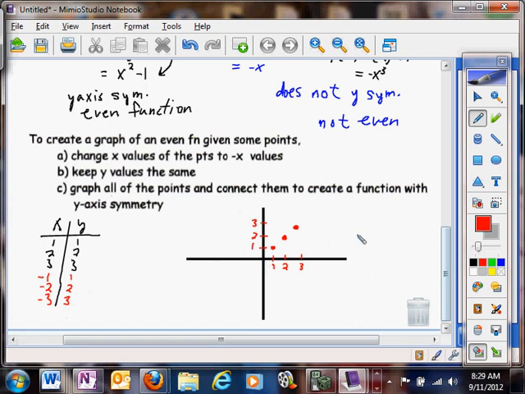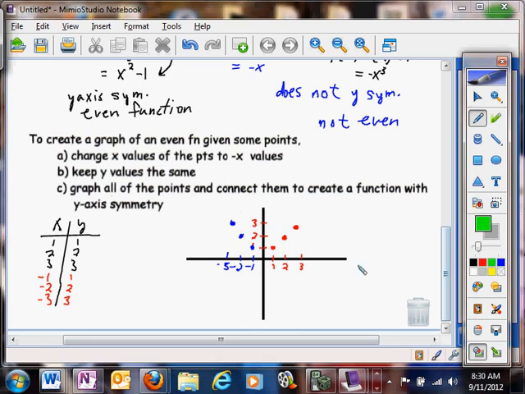So I have -1, 1, which goes about right there, -2, 2, which goes about right there, and -3, 3, which goes about right there.